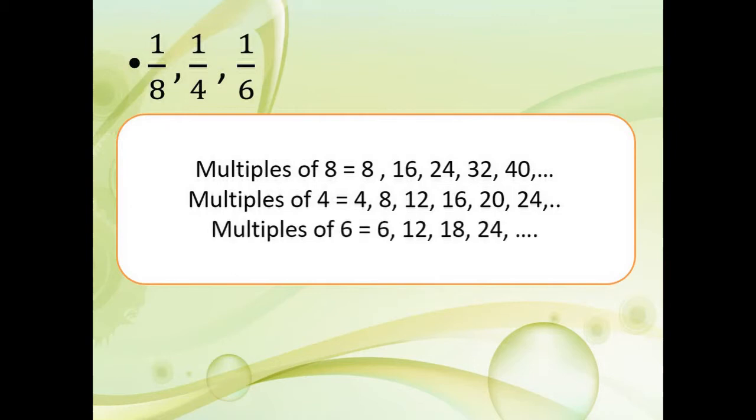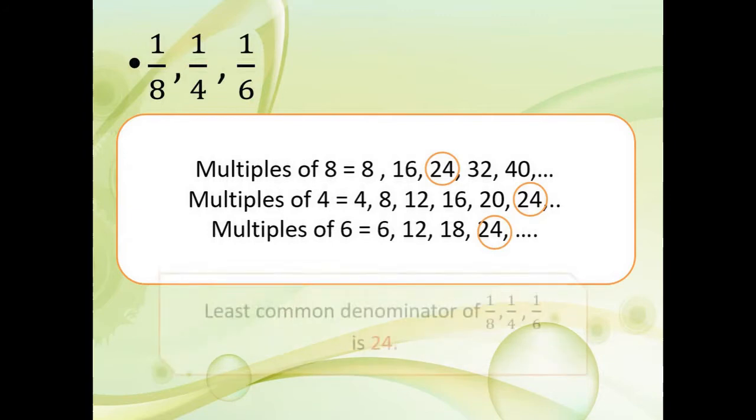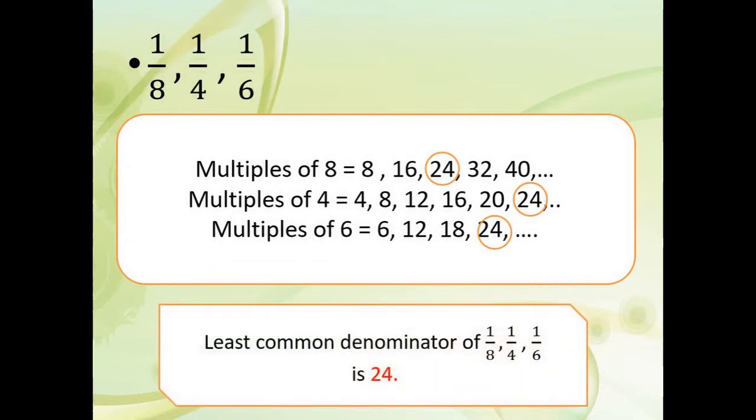The multiples of 6 are 6, 12, 18, and 24. What do you think is the common multiple? It is 24. So the least common denominator of 1/8, 1/4, and 1/6 is 24.